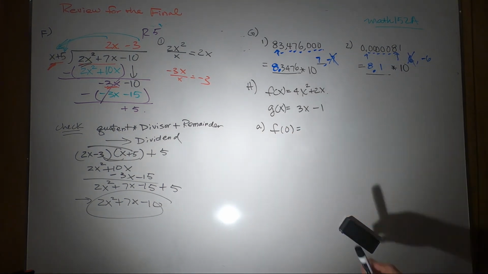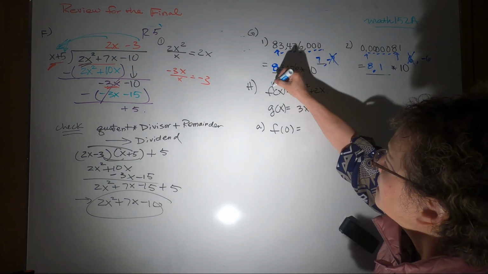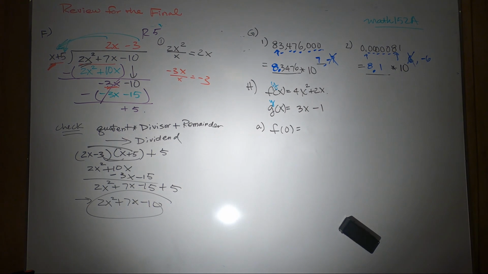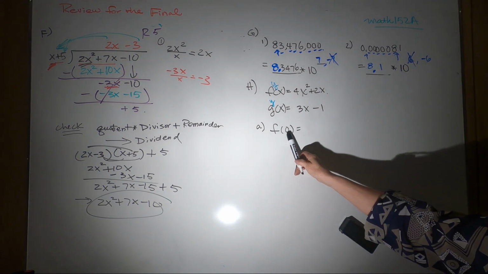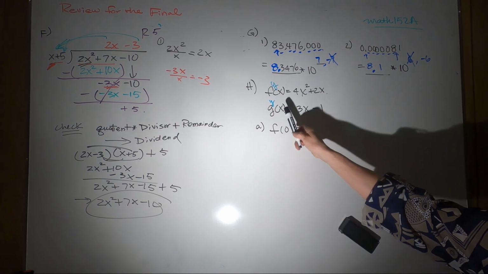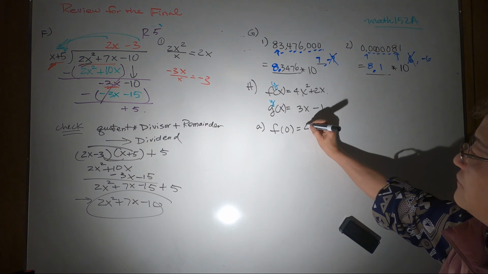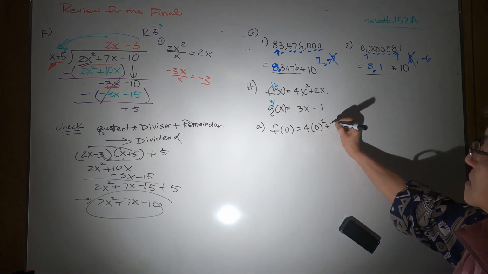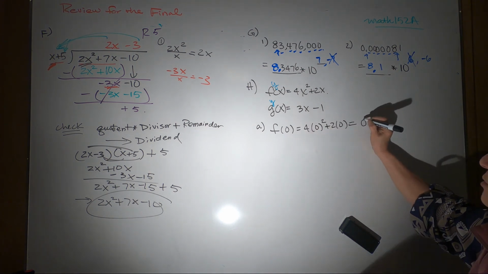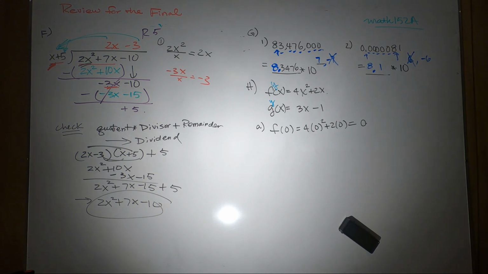F of x and g of x mean your y, right? Those are your y's. So if the x value is 0, what's your y? You plug in here for f. X is 0, so you have 4 times 0 squared plus 2 times 0. That would be 0, right?